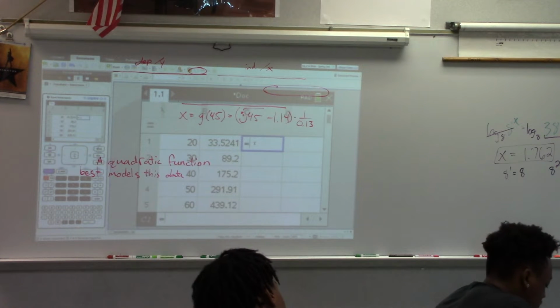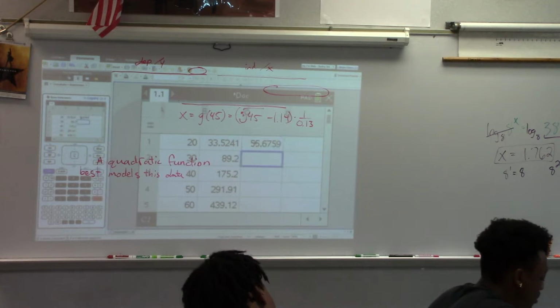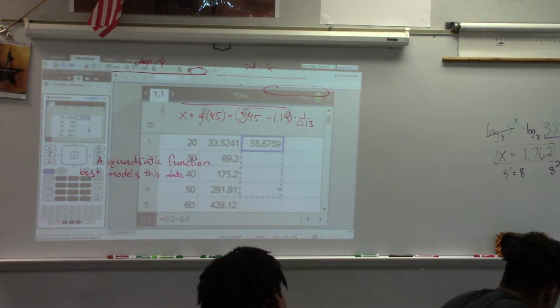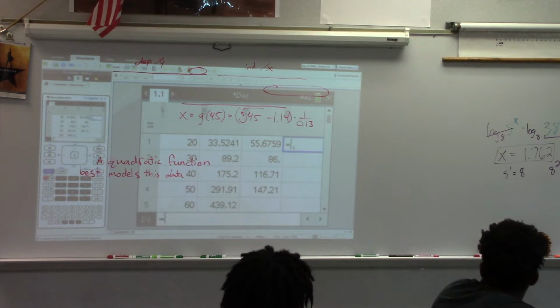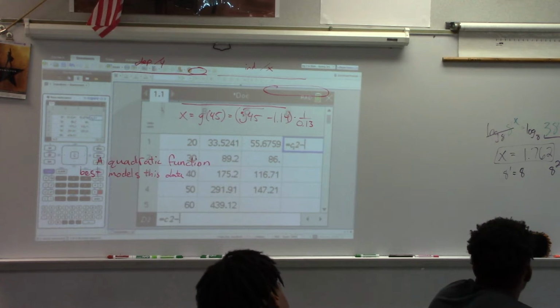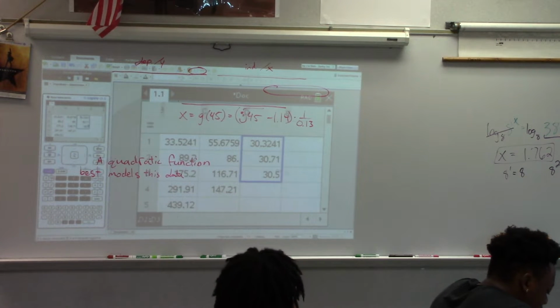If it's some kind of additive rate of change, B2 minus B1, and drag and drop, is that constant yet? Nope, but now I try C2 minus C1, and it's not perfect, but is that fairly constant? Yeah.